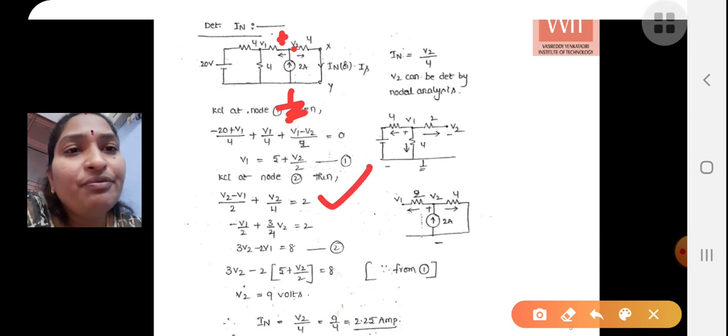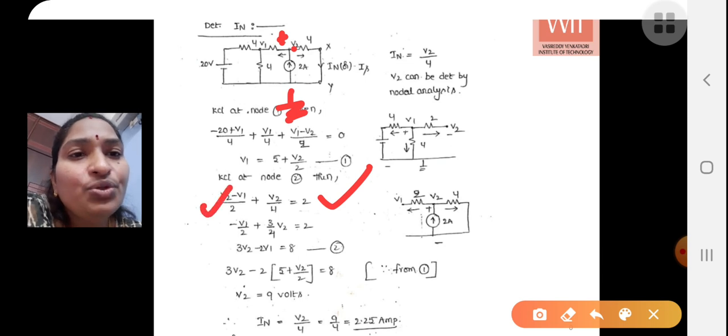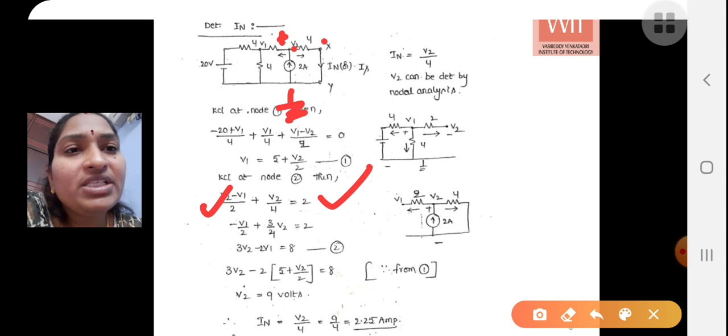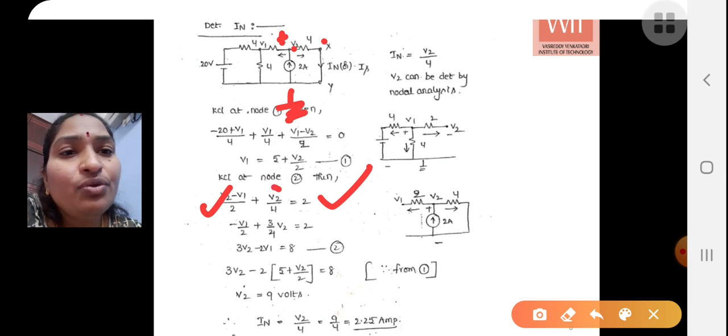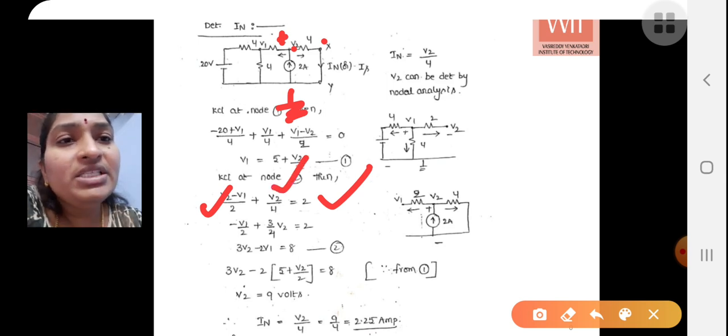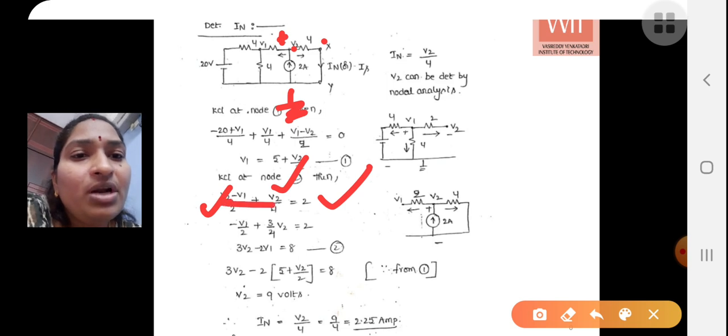Since the 2 ohms branch is connected between V2 and V1, we have V2 minus V1 by 2, and the 4 ohms branch is connected between V2 and ground, so V2 by 4. Both are outgoing currents and this is the incoming current. So I am taking outgoing currents equal to incoming currents.